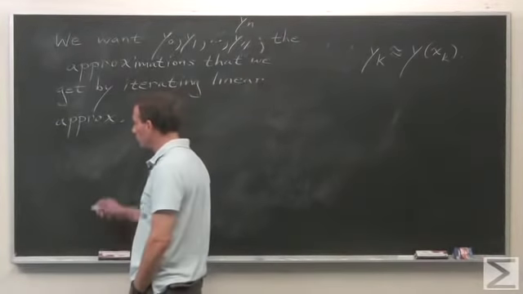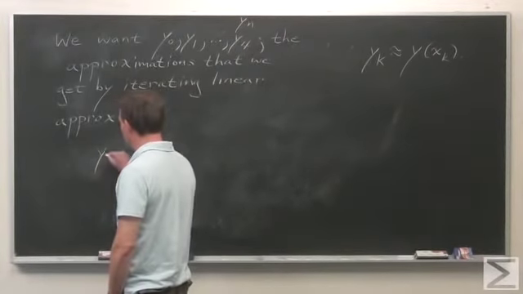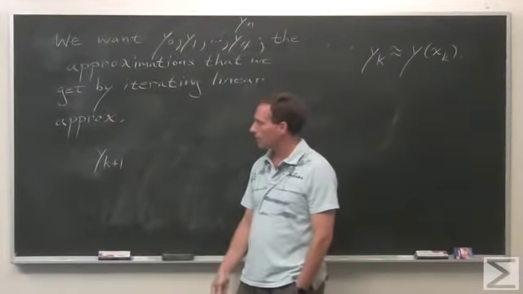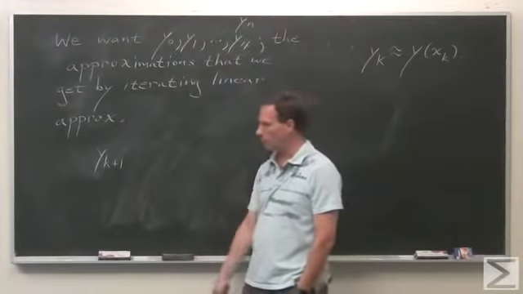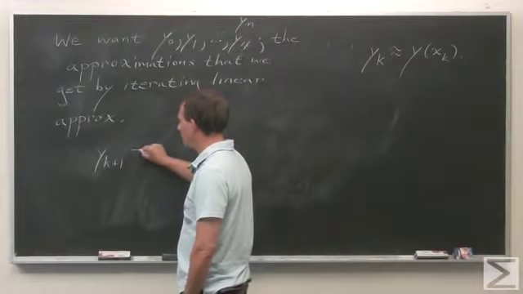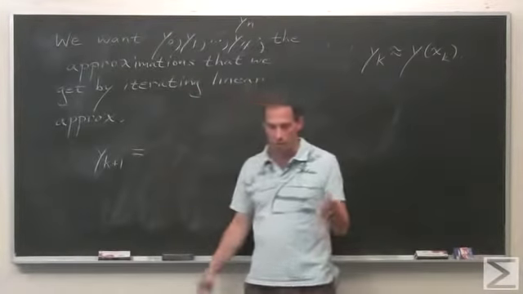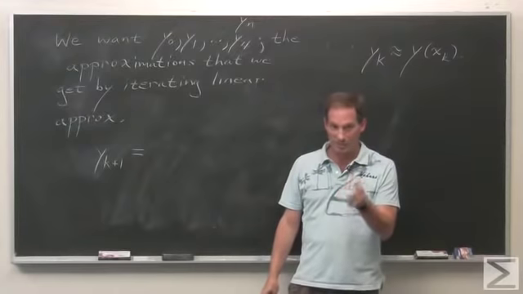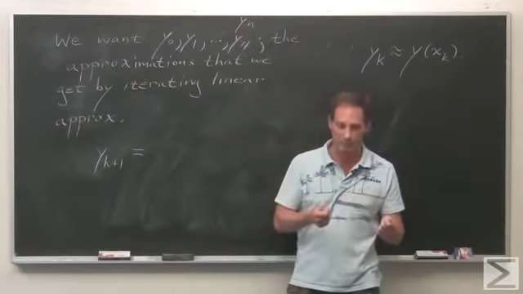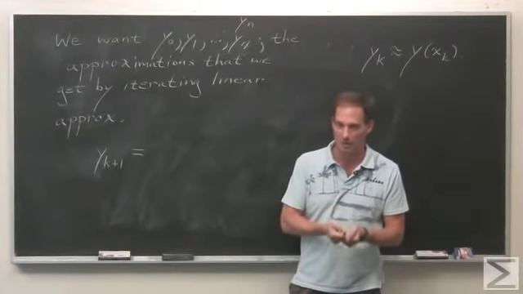So what does our formula look like? It just looks like linear approximation, except now we do it to a sequence of x sub k's and y sub k's. Each y sub k, I'm going to write equals now, because this is Euler's method, but what Euler's method gives you is an approximation.